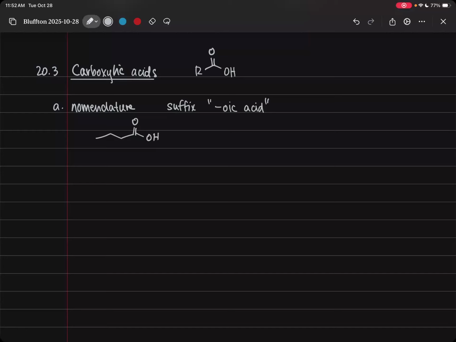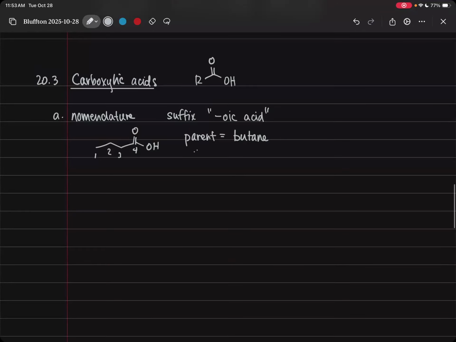That is. There we go. So in this case, our parent carbon chain, 1, 2, 3, 4, is butane. And so that becomes butanoic acid, but this has a common name.